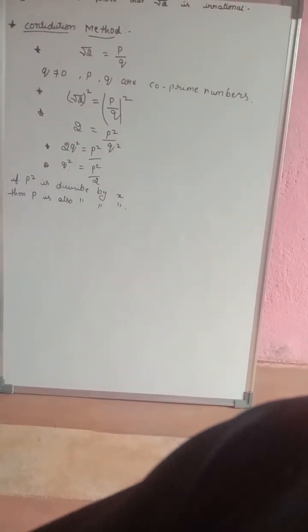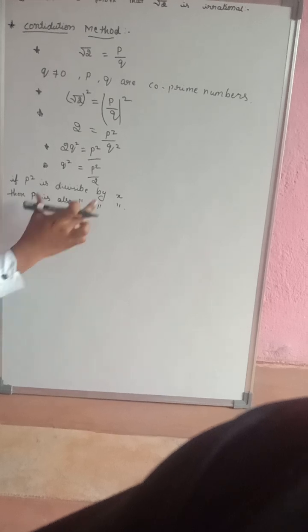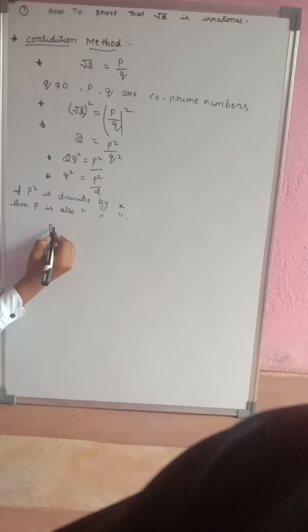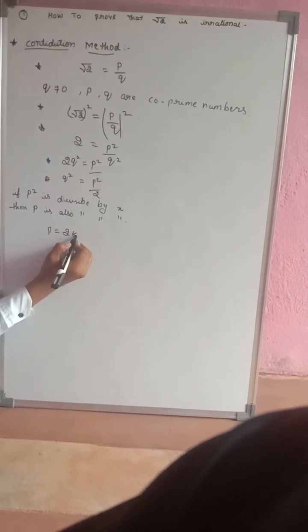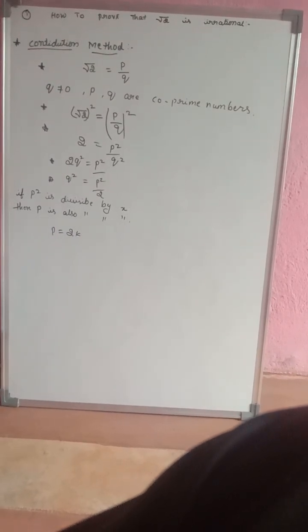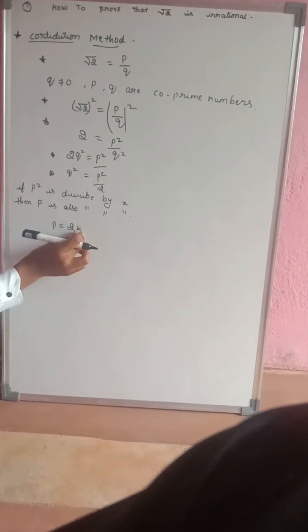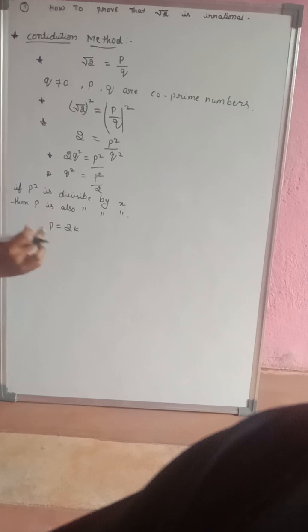This is a mathematical theorem. We apply this theorem to this equation. Then we get p is equal to 2k, where k is another integer, that is, if we multiply k by 2, we get p.